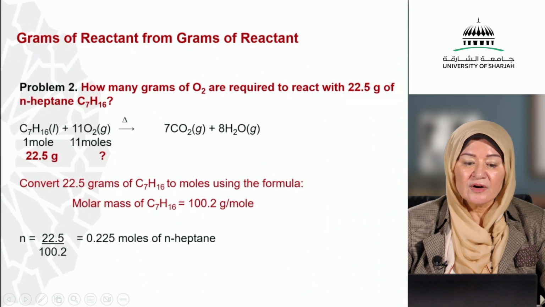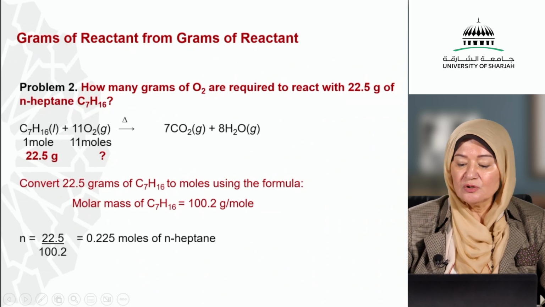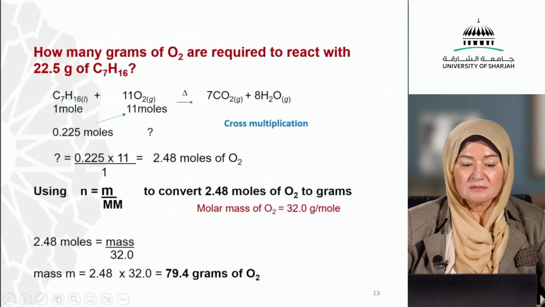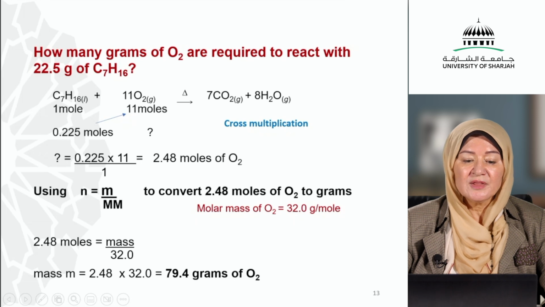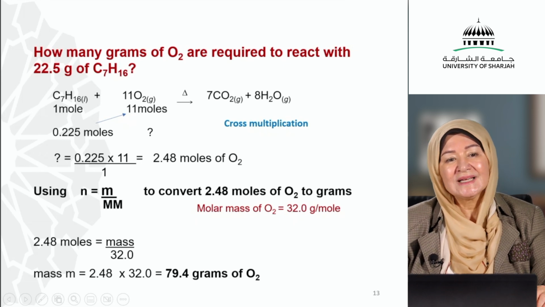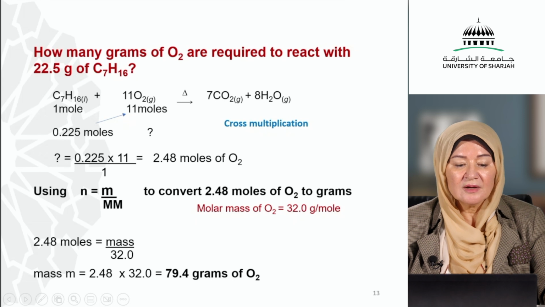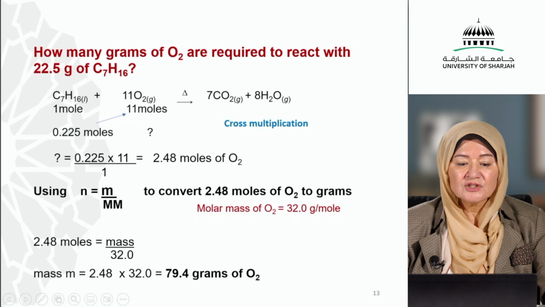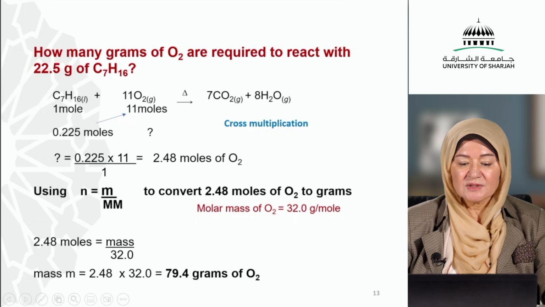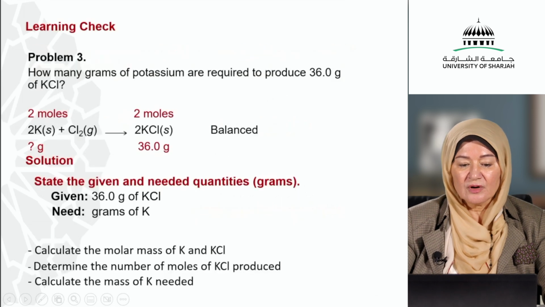I get the moles of oxygen using the cross multiplication method. Here I've got 0.225 moles. How many moles of oxygen? I just multiply this times 11 over 1. I've got 2.48 moles of oxygen. Whenever I've got it as moles, I may convert it to grams using this formula. Of course, I should know the molar mass. I just write it. I've got the mass in grams. It's 79.4 grams of oxygen.